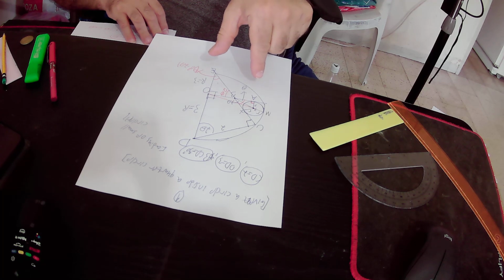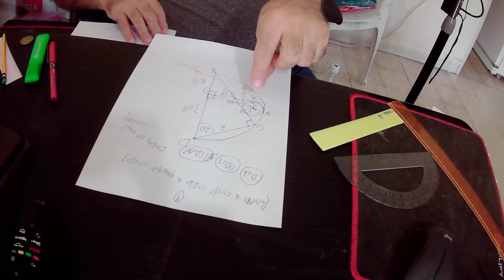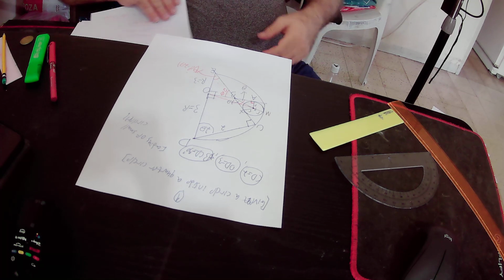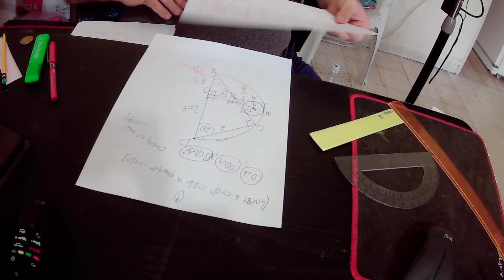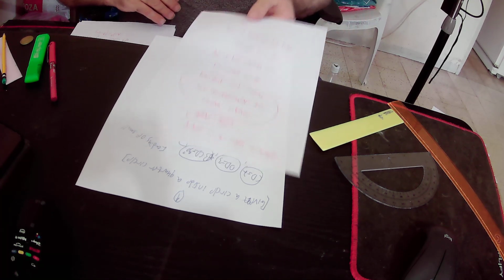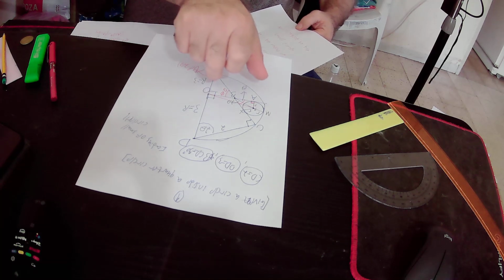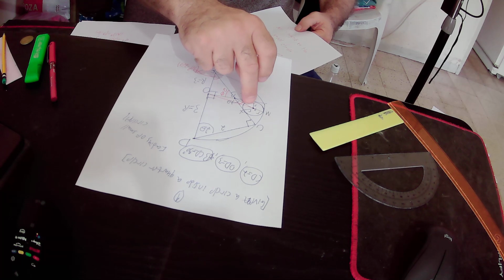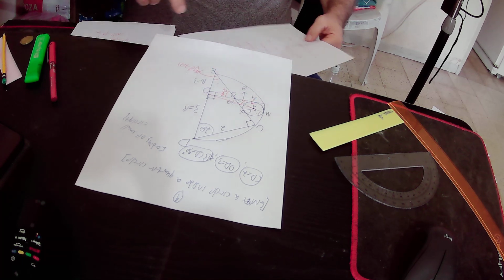So the tangent OA is perpendicular to the radius AP, that is to say angle PAO equals 90 degrees, because the tangent to the circle is perpendicular to the radius.